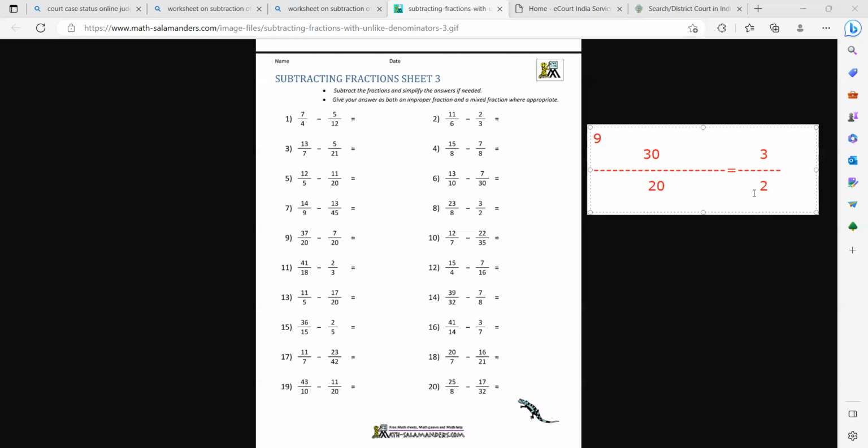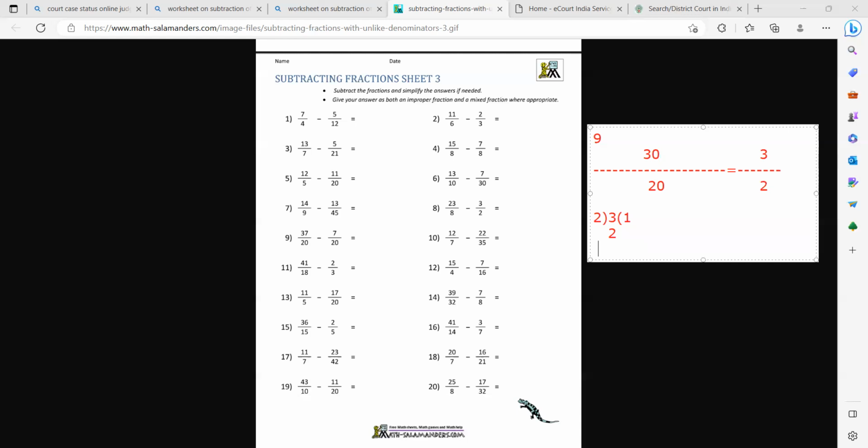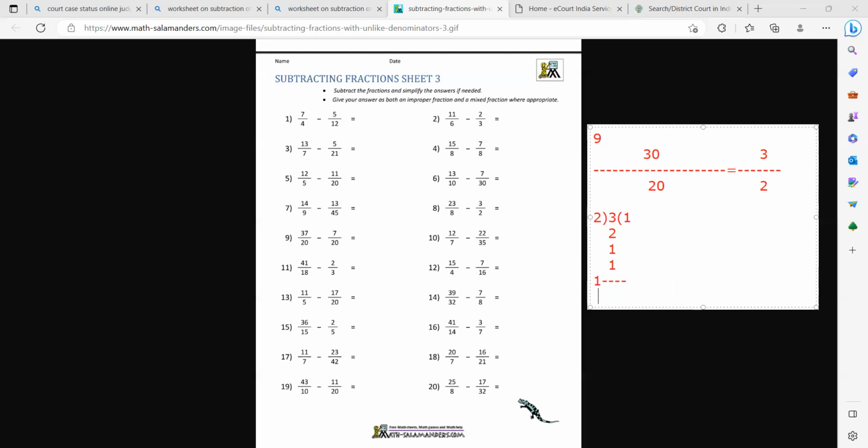So if we divide both 3 and 2, what is the answer coming? 2 into 1 is 2. 3 minus 2 is 1. Then 1 whole 1 by 2 is the correct answer. This is the correct answer.